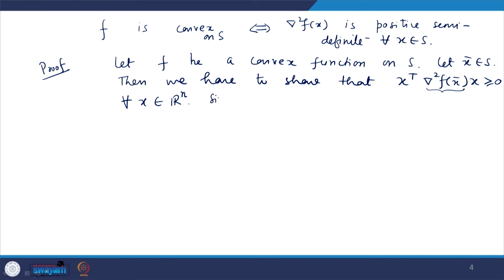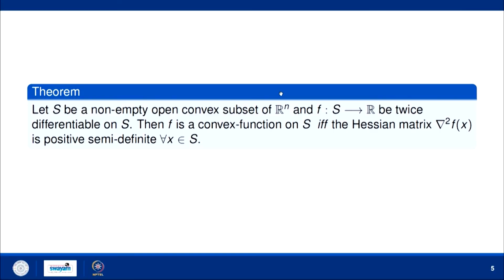So, now since S is open, it is given in the statement itself. If you see the statement, it is given to us that S is an open convex subset of R n.